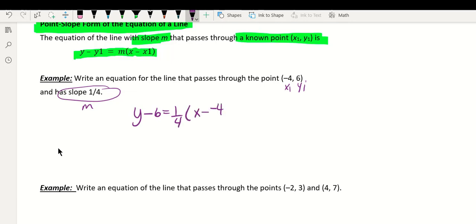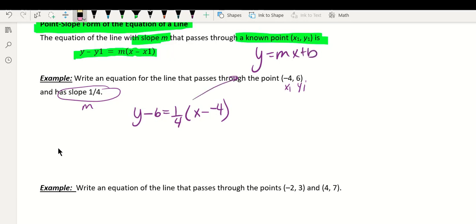minus negative 4. Okay? So even when we're trying to find the equation of the line, most of the time we're trying to put it in slope-intercept form. Remember, slope-intercept form is what? That looks horrible. y equals mx plus b. That does not look like that.